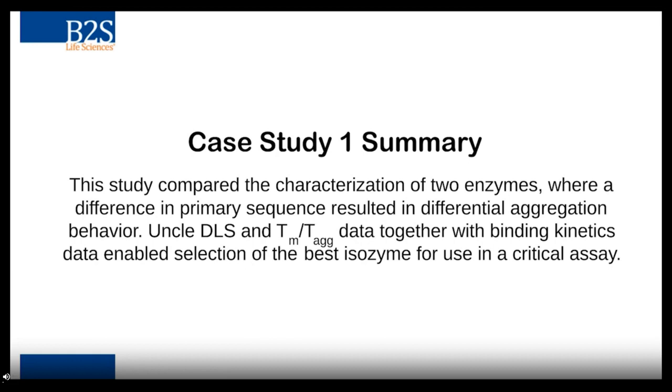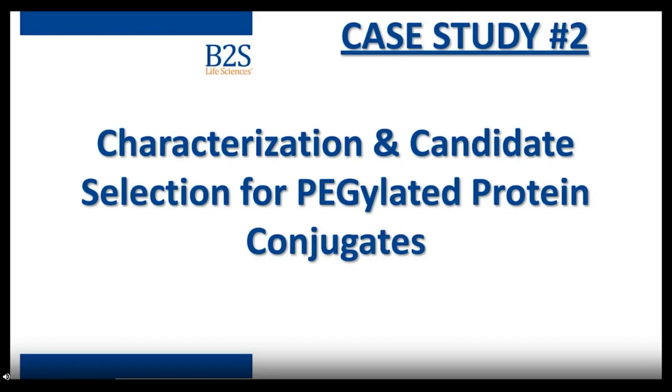And the UNCLE instrument was the only tool that we had available here which could give us a clear answer on why this was happening. And by using the DLS and TM applications, we were able to choose the best isozyme for use in our critical assays.